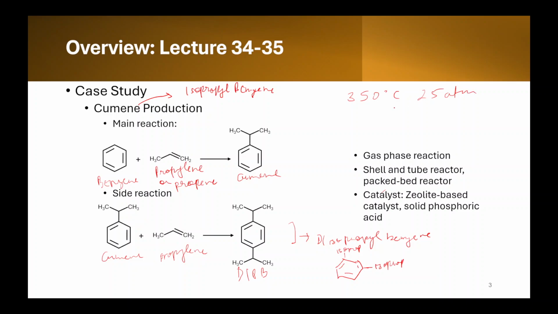The reaction temperature and pressure are 350 degrees Celsius and 25 atmosphere, so a moderately high temperature and very high pressure. It is a gas phase reaction. All the reactants are in the gas phase, but it happens over a catalyst, so it is basically a heterogeneous catalytic reaction.